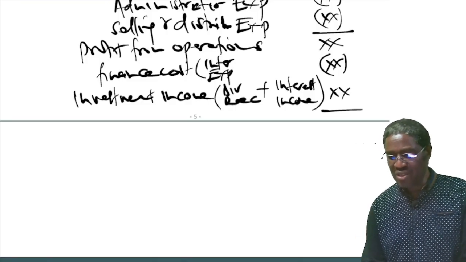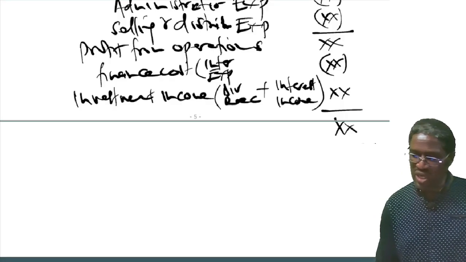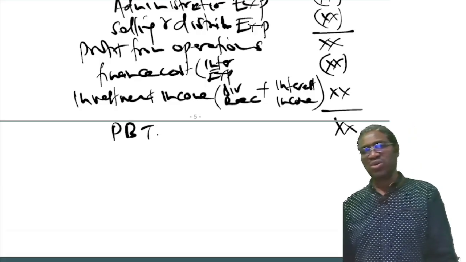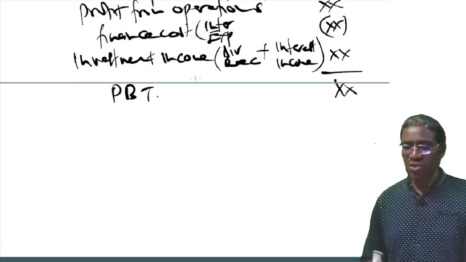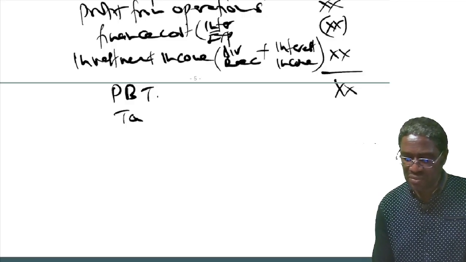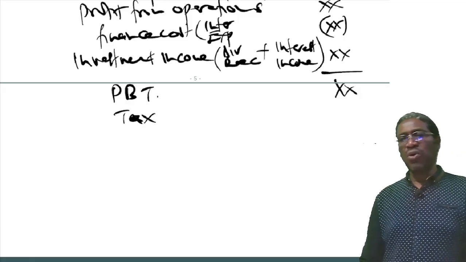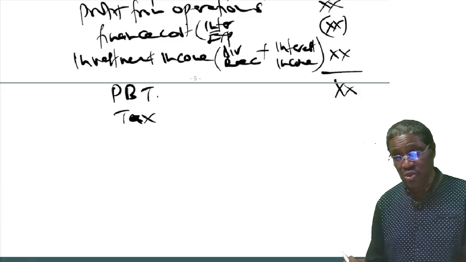Then once you do that, get the net, and whatever you get, that is what we call profit before tax. Then once you have that, you come to tax. Now listen, for some companies, there are various forms of taxes.